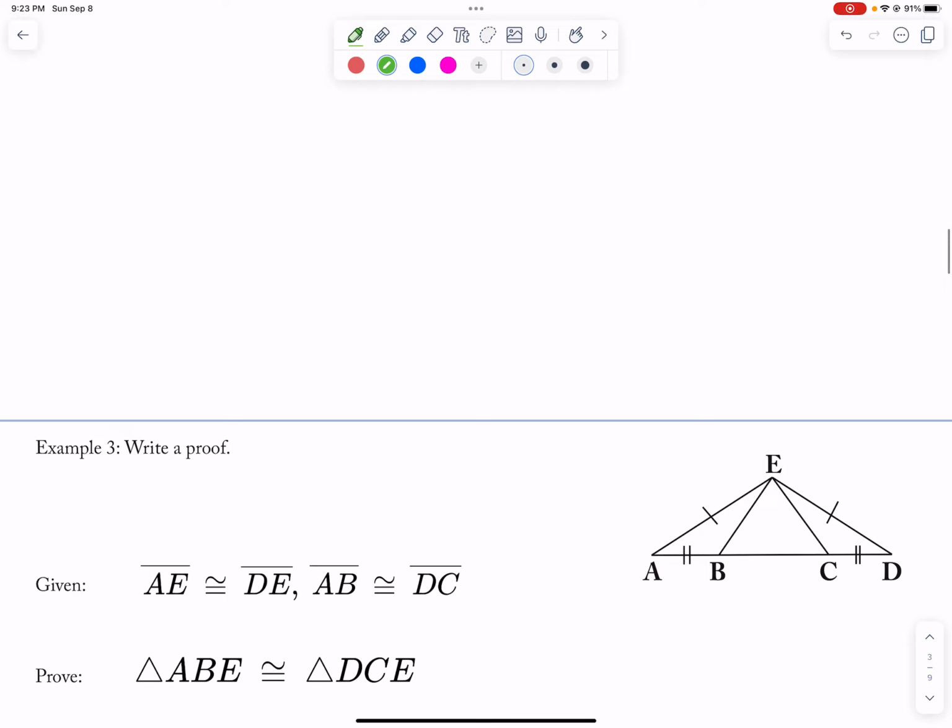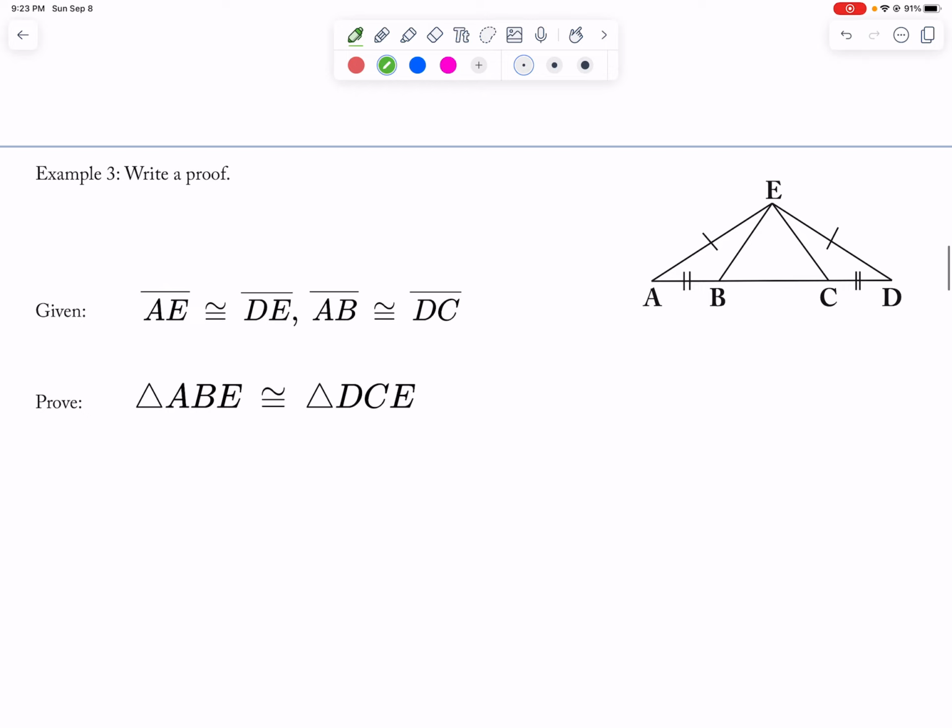Okay. So now we got to write a proof here for example 3. So let's see. AE is congruent to DE and AB is congruent to DC.